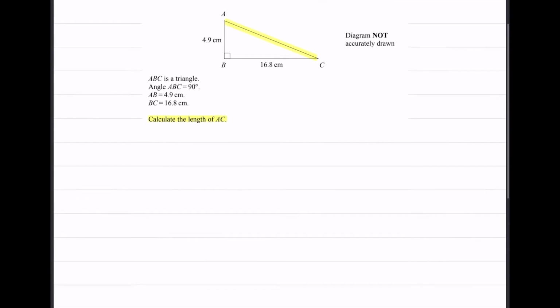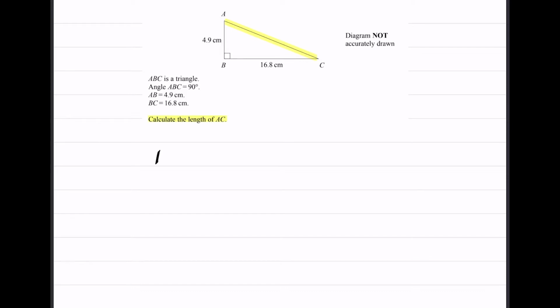Next question, ABC is a triangle. Angle ABC is 90 degrees, so that means I have a right angle triangle. AB is equal to 4.9 centimeters, BC is equal to 16.8 centimeters. Calculate the length of AC. So now I'm calculating the length of AC, and if I look at my triangle, AC is the hypotenuse. It's the longer side of the triangle, and it's also the side opposite the right angle.